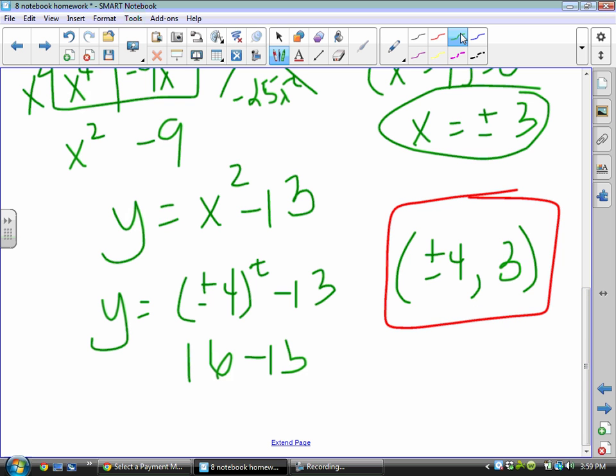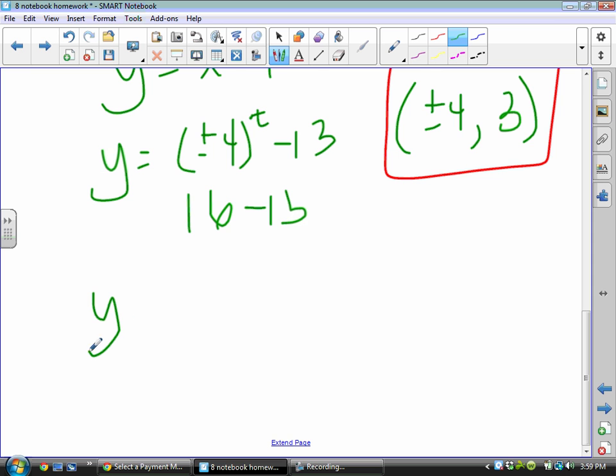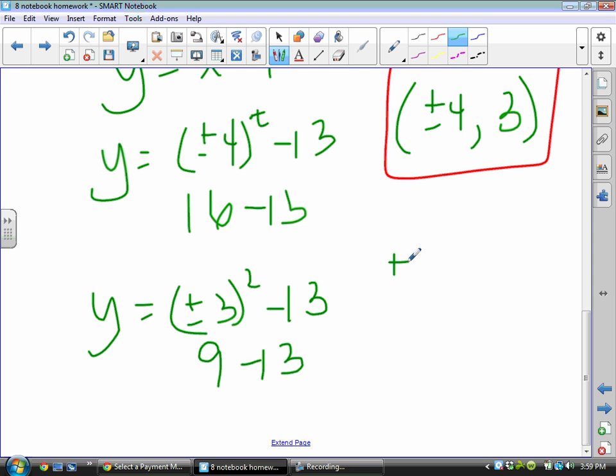And if I plug in the other, y equals plus or minus 3 squared minus 13, then I have 9 minus 13, which gives me negative 4 for that one.